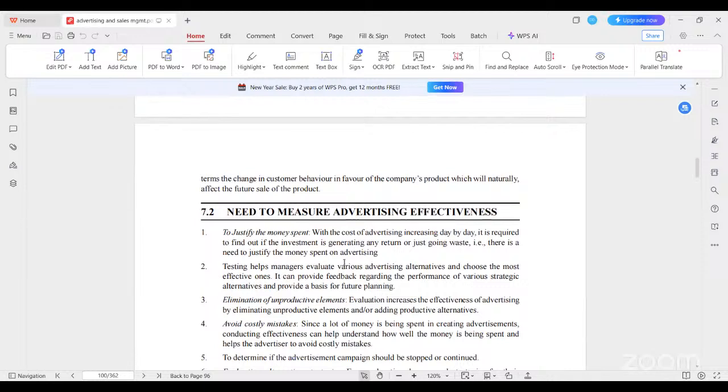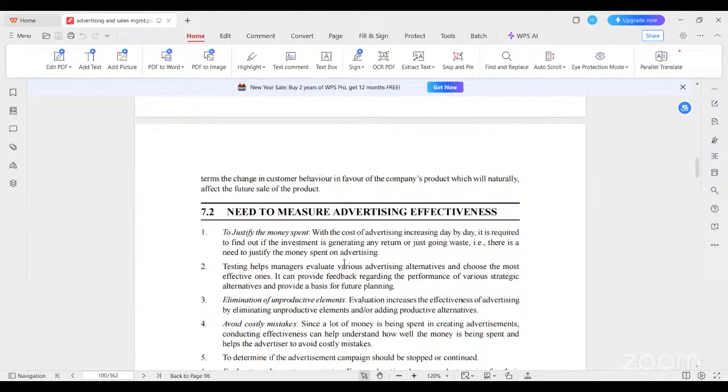With increasing pressure on marketers to justify their advertising spend, measuring advertising effectiveness is crucial to demonstrate return on investment. And second, optimization. By evaluating advertising effectiveness, marketers can identify areas for improvement, optimize their campaigns, and allocate their budget more efficiently.